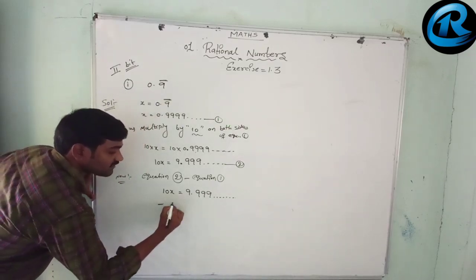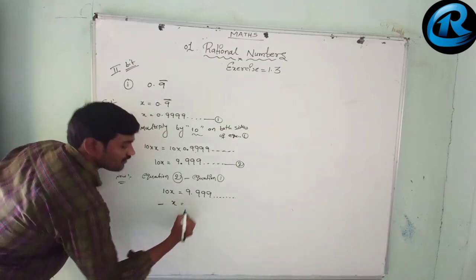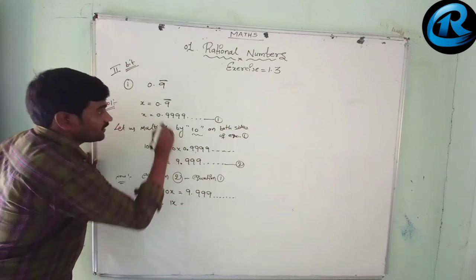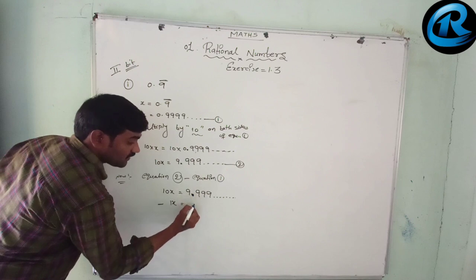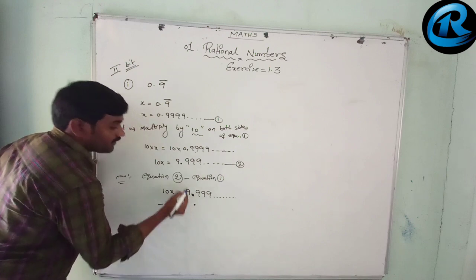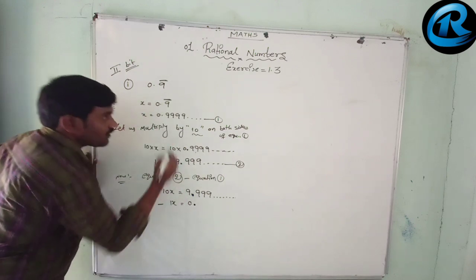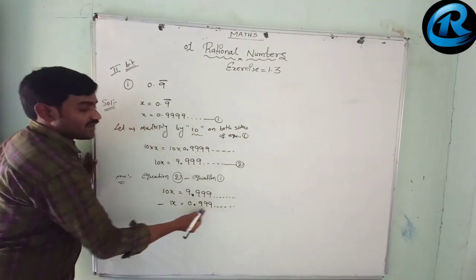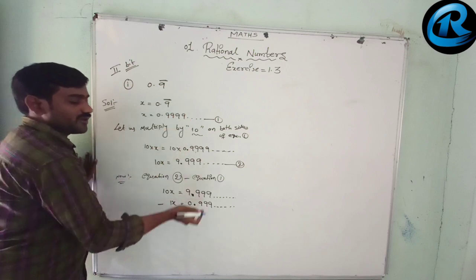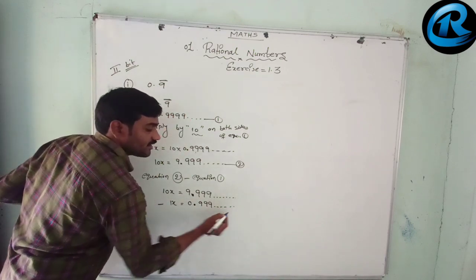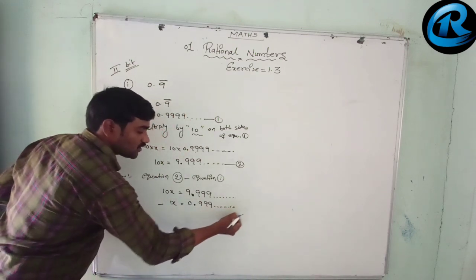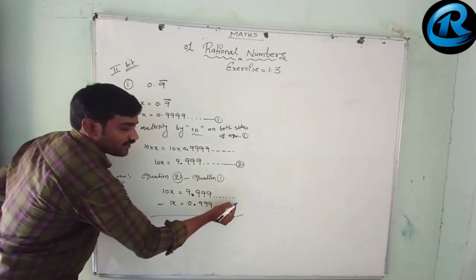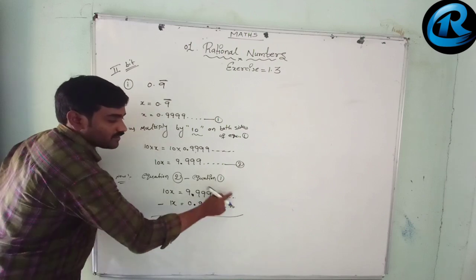We have to subtract equation number 1: minus 1x equals 0.999 and so on. Decimal points should always be in the same place, point under point. Here we are writing only 3 times, but you can write as many as you require. The dots tell you to write as many nines as needed. Subtracting, these will all balance out and become zeros.